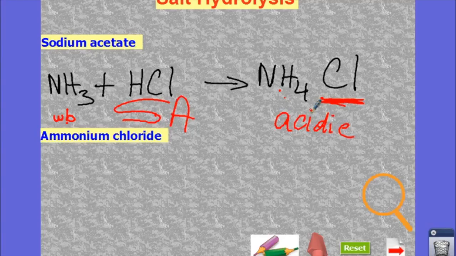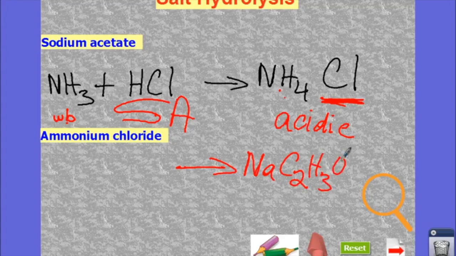Okay, so let's go with sodium acetate. This is my salt, NaC2H3O2. It is an ionic compound. Let's see what base gave that cation. It is NaOH. Plus what acid gave that anion?